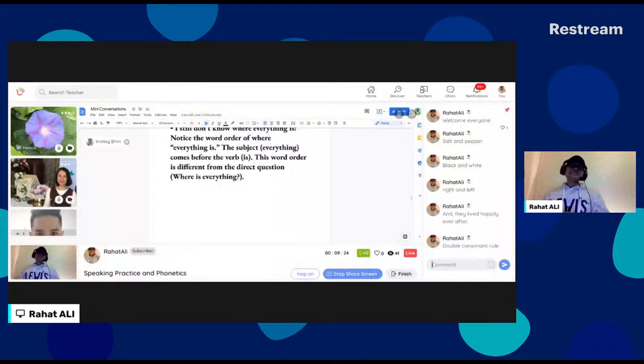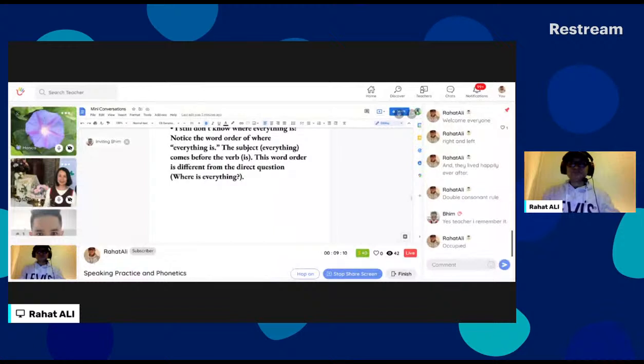Double consonant rule is that in a spelling you'll find there are many times similar kinds of letters are coming, especially consonants. For example, so we've written 4 or 5 words.